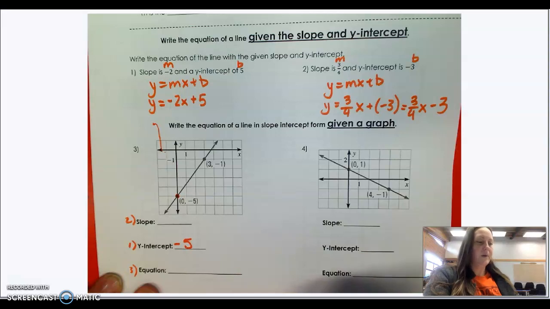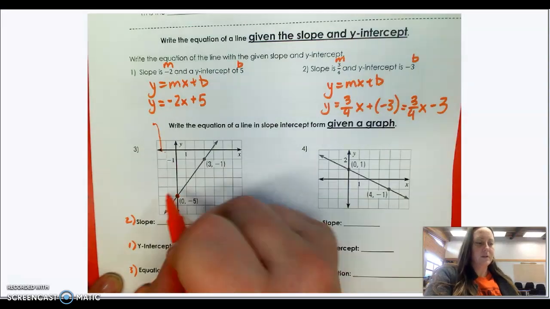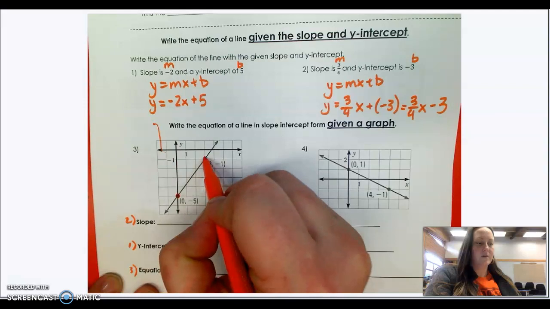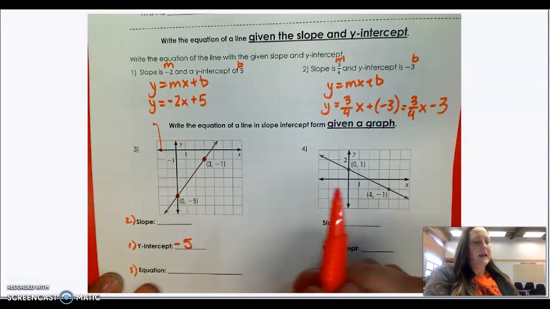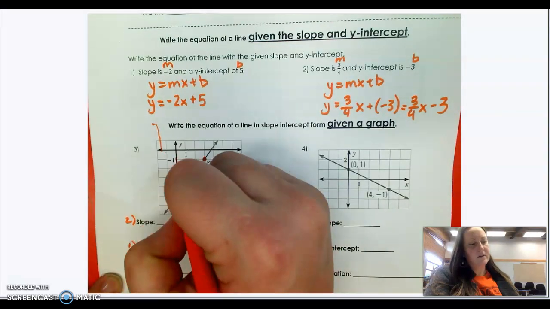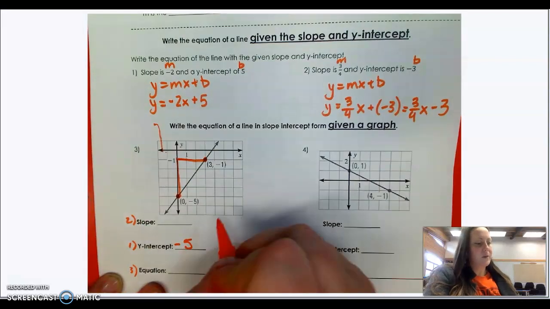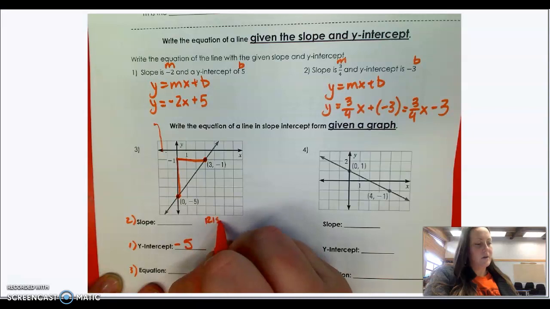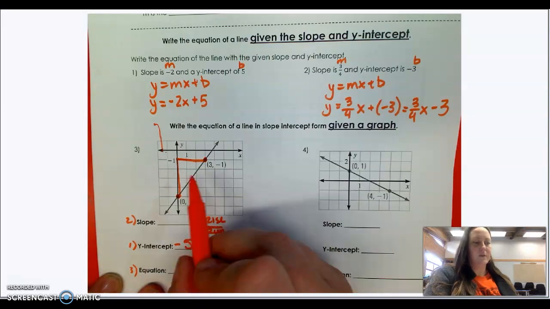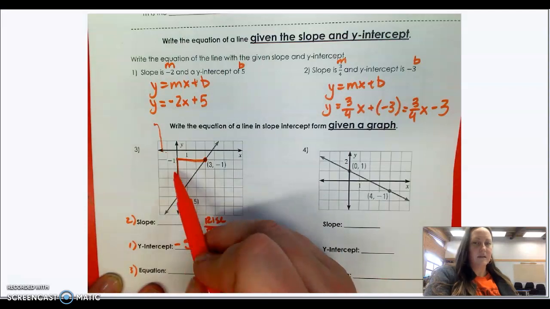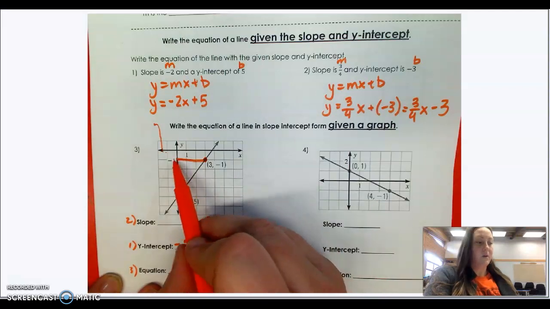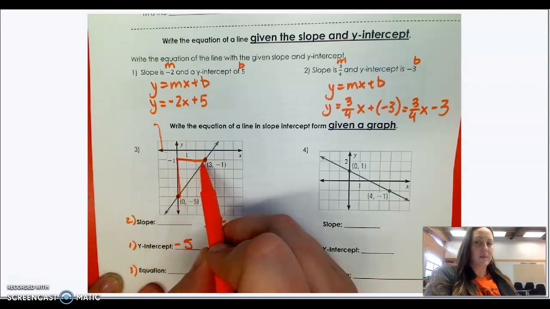Now my slope needs 2 points. I have 2 points already on this graph, so I'm just going to draw those in. They were already there. And I like to draw a triangle so that I remember where I'm going. With slope, slope is rise over run. That means we count in the vertical direction, rise, and then we count in the horizontal direction, which is run.